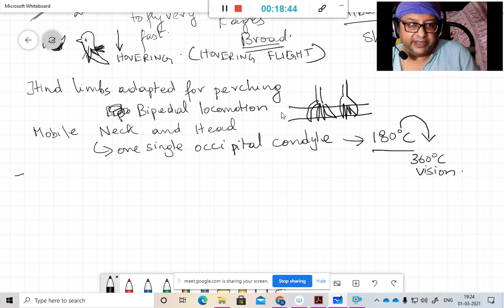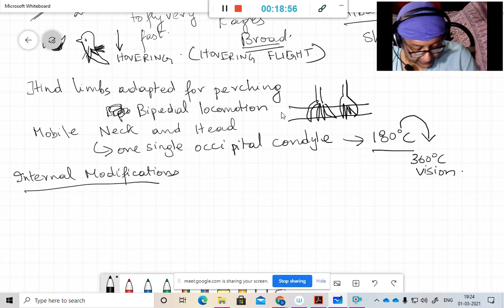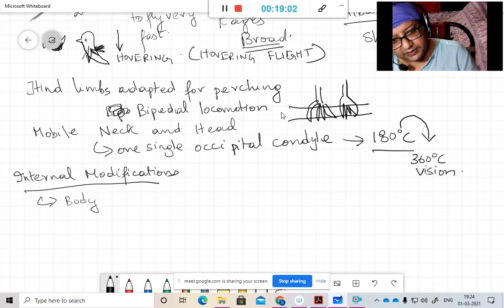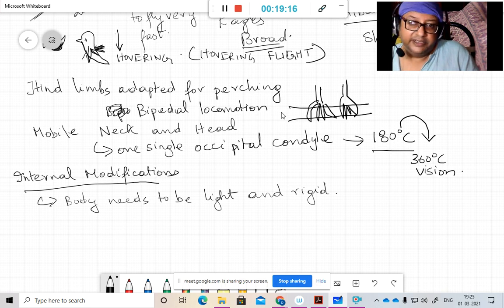Then let us see some internal modifications. What are the internal modifications in birds? Their body needs to be light and rigid.